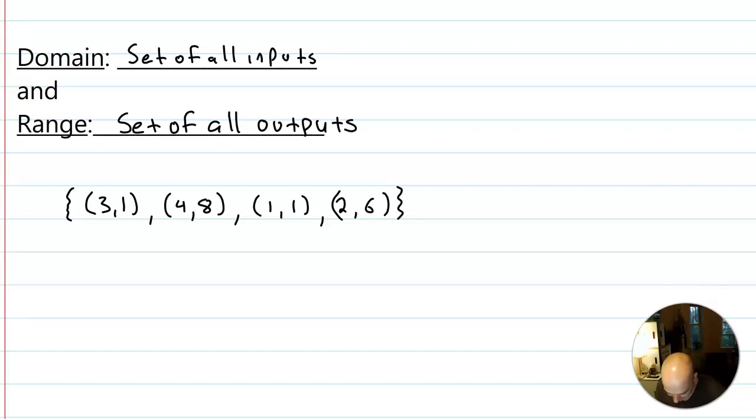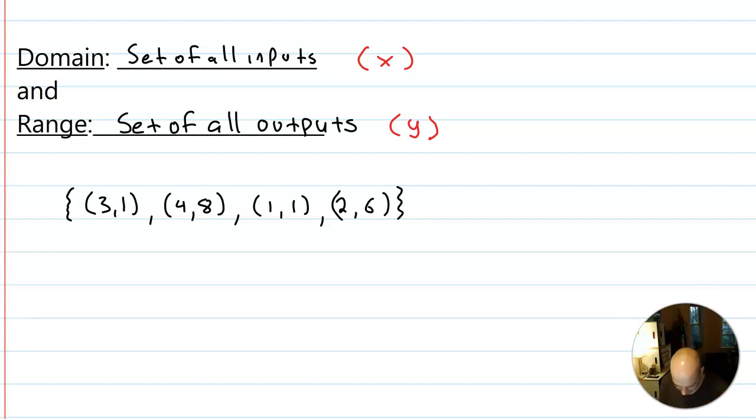Often on a graph, the domain then is the set of all x's, but not always. And often again on a graph, the y is the range, the set of all outputs, but again, not always. But that's a good way to at least remember as a start.